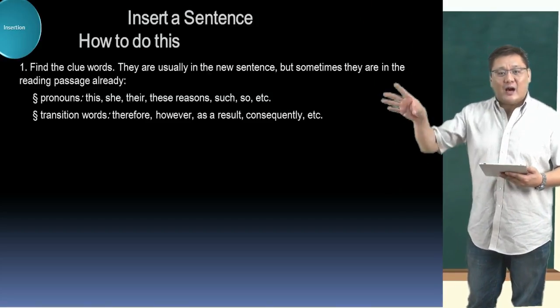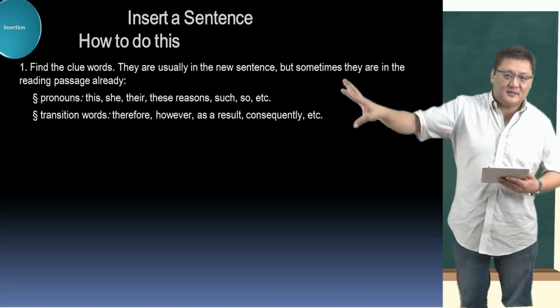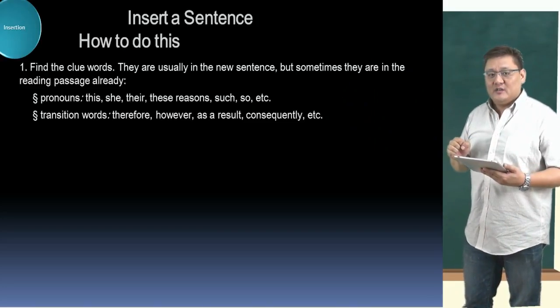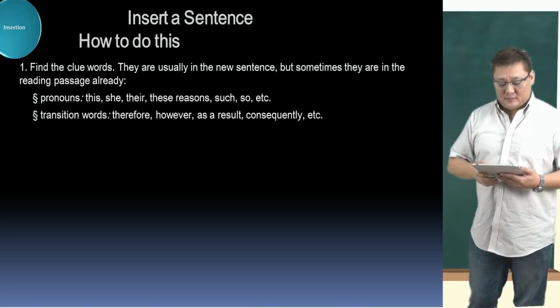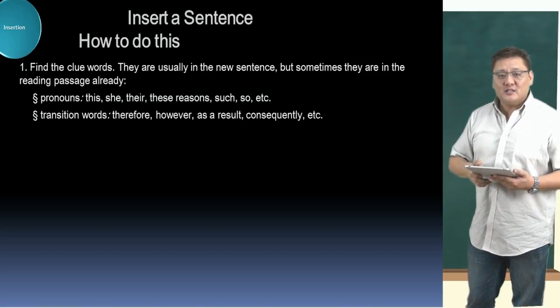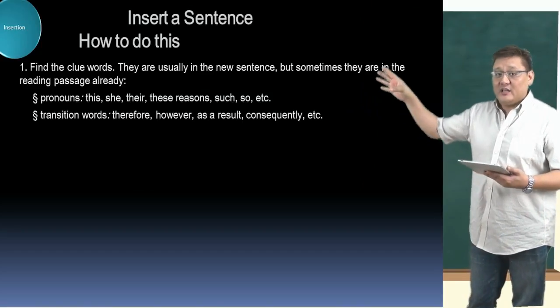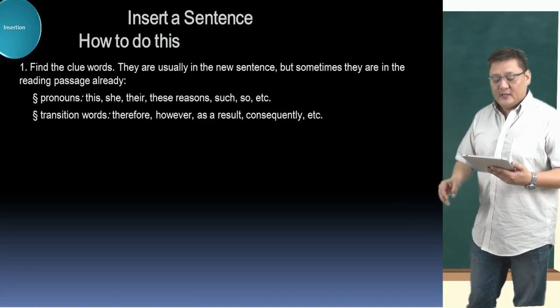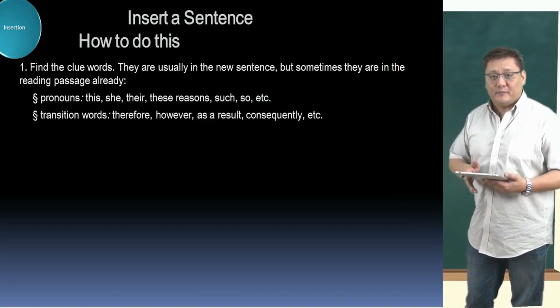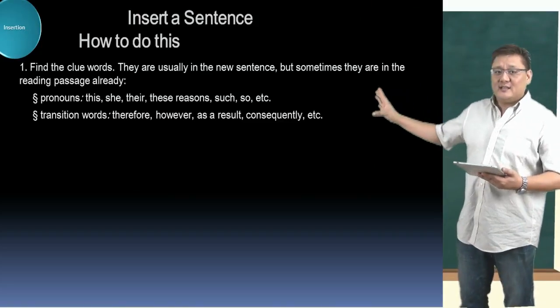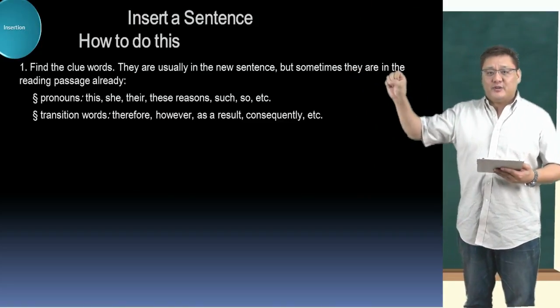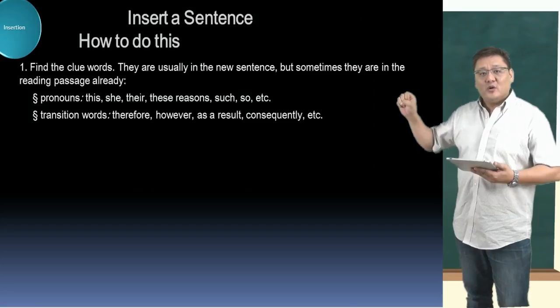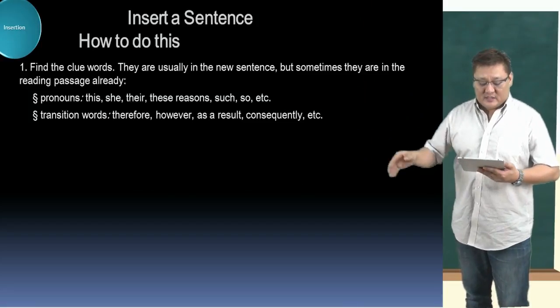If they use the word however, it's the opposite of the sentence before. Okay? As a result is cause and effect, so it's a result of what the sentence before has. Consequently, it's the same thing. These are clues telling you how to connect to the previous sentence, or mostly all previous sentences for this one.